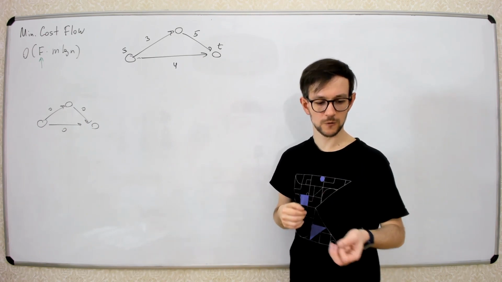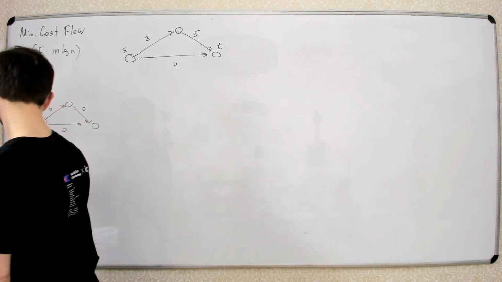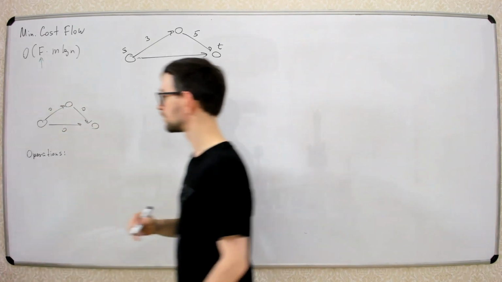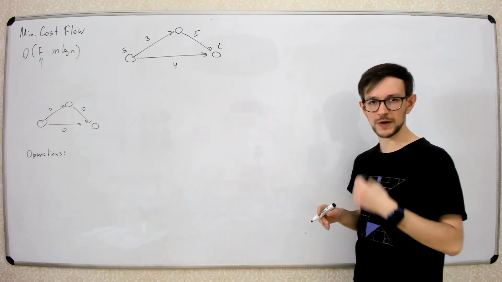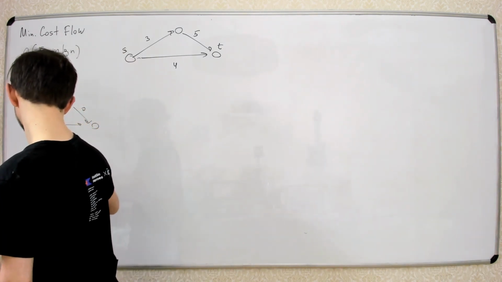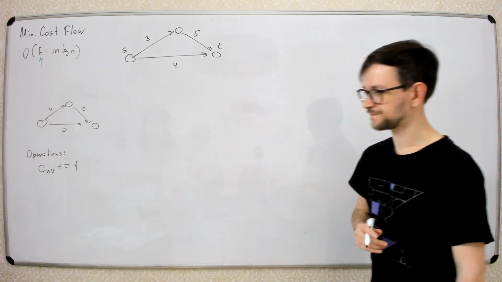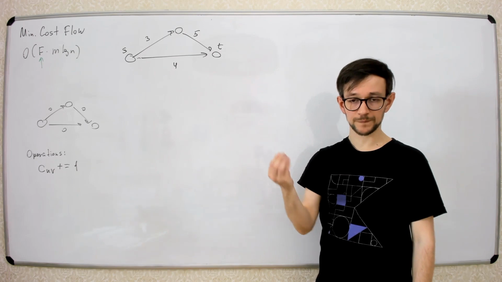I can do two types of operations. The first operation is to take one edge and increase its capacity by one.